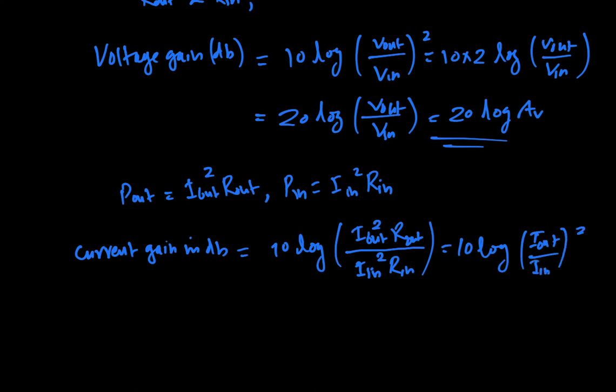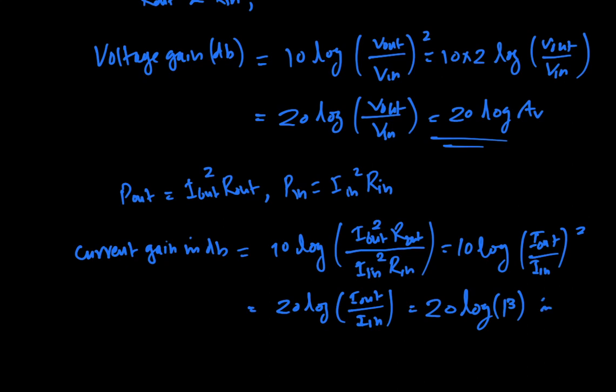So this equation will yield 20 log I out divided by I in, the output current divided by the input current, which is equal to 20 log the current gain, the ordinary current gain, which for the common emitter transistor amplifier is represented by beta. So the current gain in decibel is represented by 20 log beta.